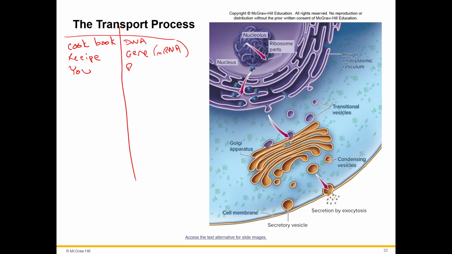So from that recipe, you, or a ribosome, are going to make a cake, or your ribosome is going to make a protein in the kitchen, or in the rough endoplasmic reticulum.